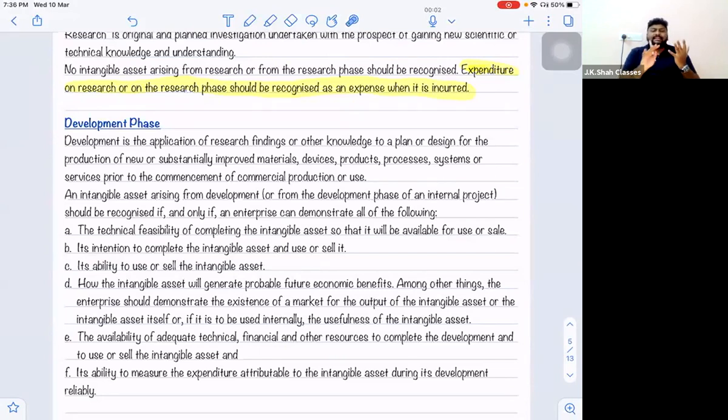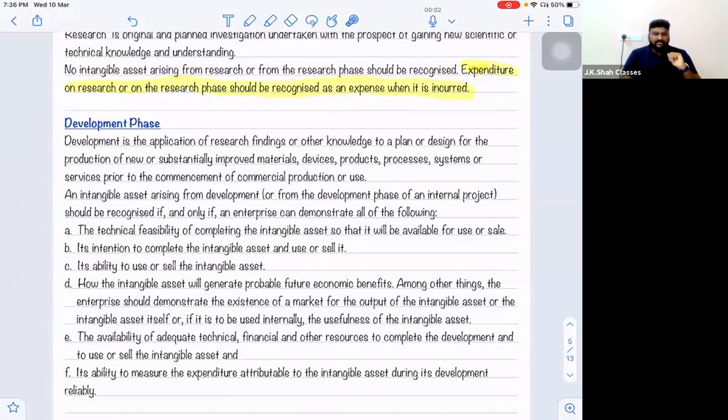I have all the technical, financial and other resources available to finish my development. And lastly, I can calculate or measure the cost of the development reliably. So if these 6 conditions are satisfied, capitalize the development cost as an intangible asset. I hope you understand the 6 points.